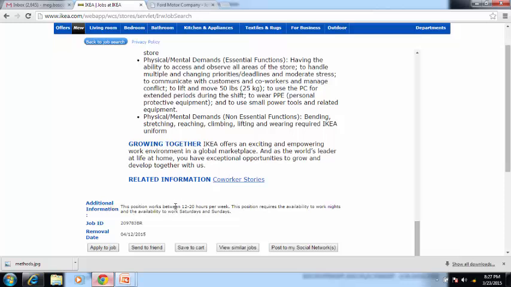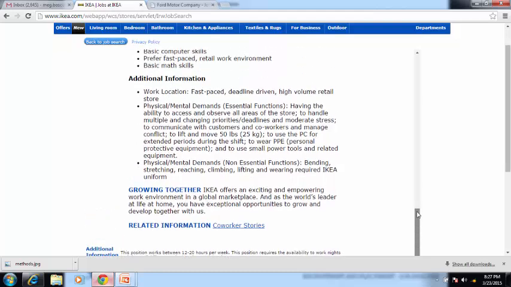As you can see, they even have additional information: the number of hours they need to work per week, and also that it requires night shifts. If there is specific or additional information that someone needs to know, like in this case the number of hours and night shifts, it's better to put that in the job description.